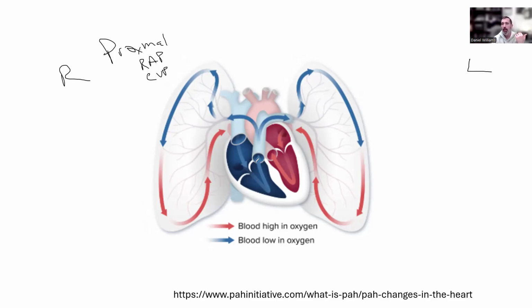If we were to have pulmonary hypertension, the blood vessels within the lungs tighten down. You get vasoconstriction there. It is possible that that's going to increase the workload of the right ventricle, because of an increase in PVR.